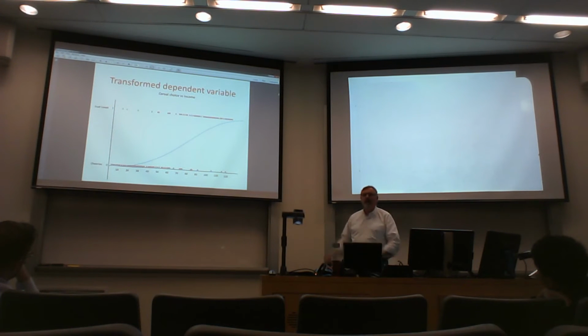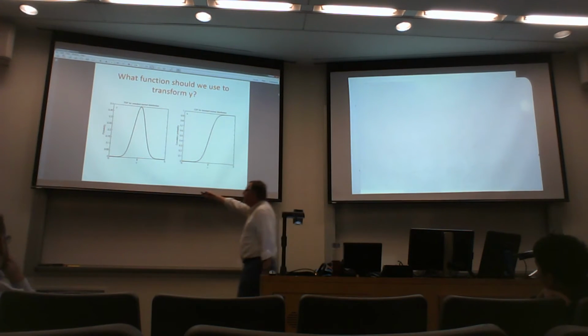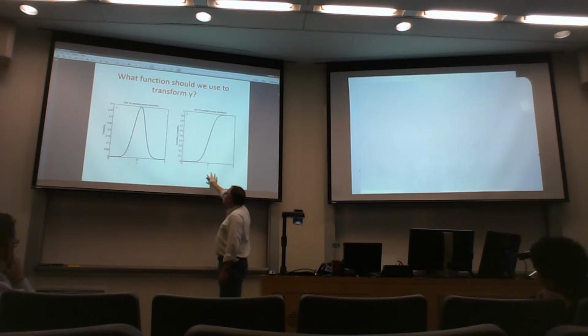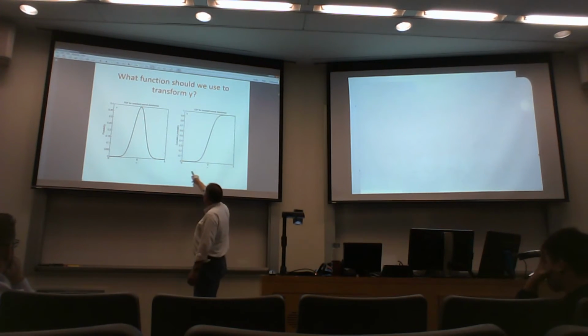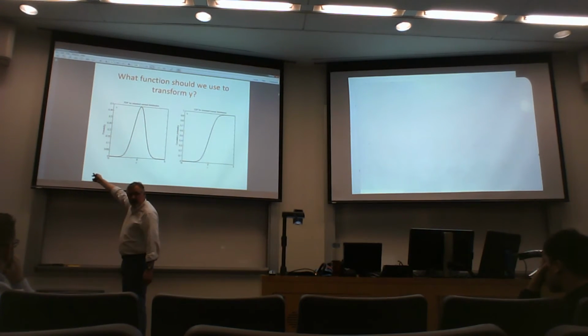But what kind of function is that? It's this. This is the standard normal distribution. This is the cumulative standard normal distribution. At each point here, at each x, this line shows you the probability that a value would be there or to the left.